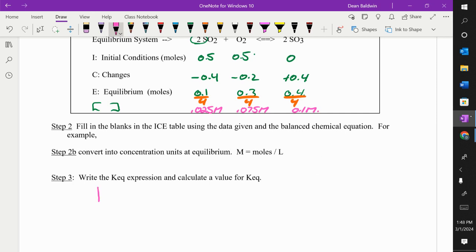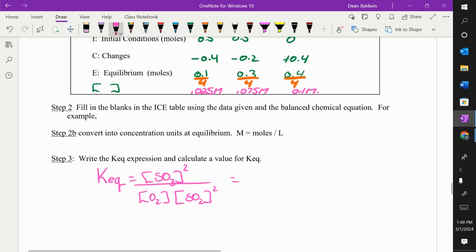Then we write our KEQ expression, which is the concentration of SO3 squared divided by the concentration of O2 times concentration of SO2 squared. And then just plug in your numbers.